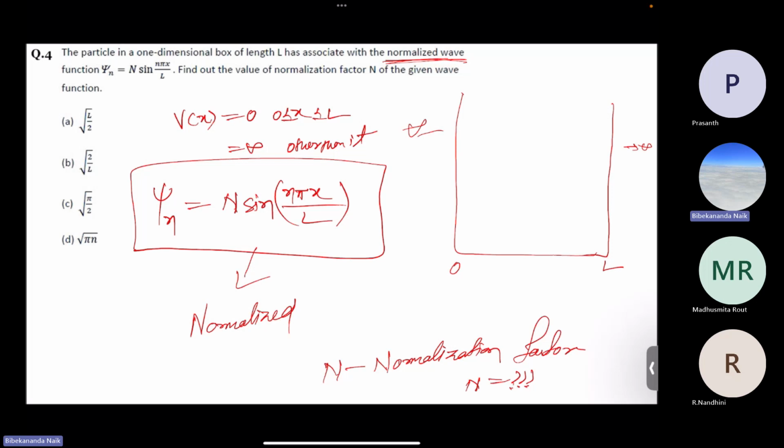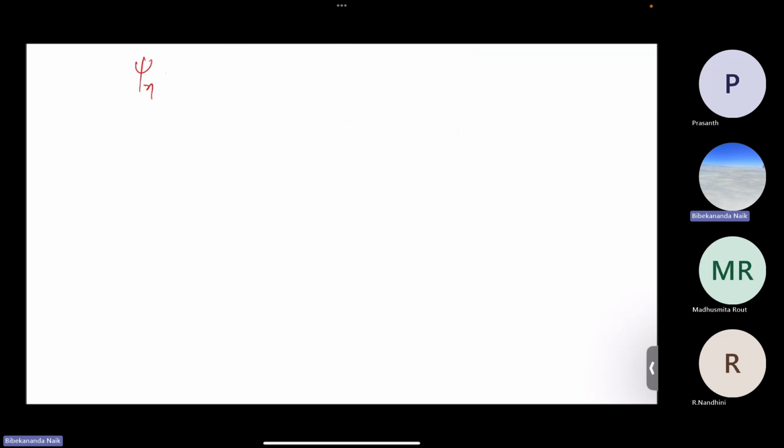So here, for this type of potential, which is the one-dimensional box potential, the wave function has the form psi n equals N sine(n pi x by L), where n equals 1, 2, 3, like this. So what do we mean by normalization?